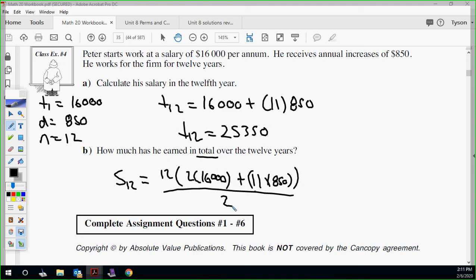That's pretty much number crunching, but he will get his S12 for almost $250,000: 248,100. That's how much he's made in his 12-year career.